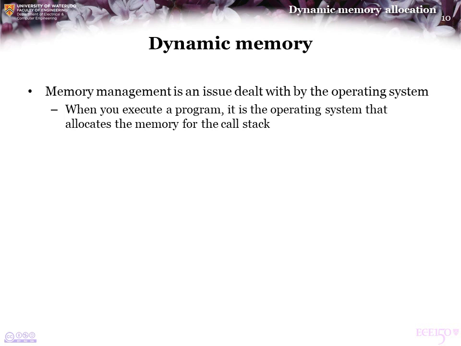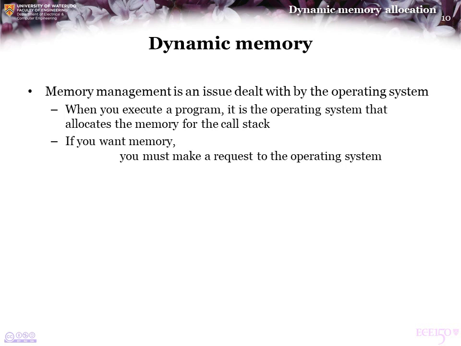When you execute a program, it is the operating system that allocates the memory for the call stack and also the memory for the instructions. It is the compiler that determines how to use that memory for the allocation of local variables and parameters, but it is the operating system that initially allocated that memory. Thus, if you want more memory, you must make a request to the operating system.